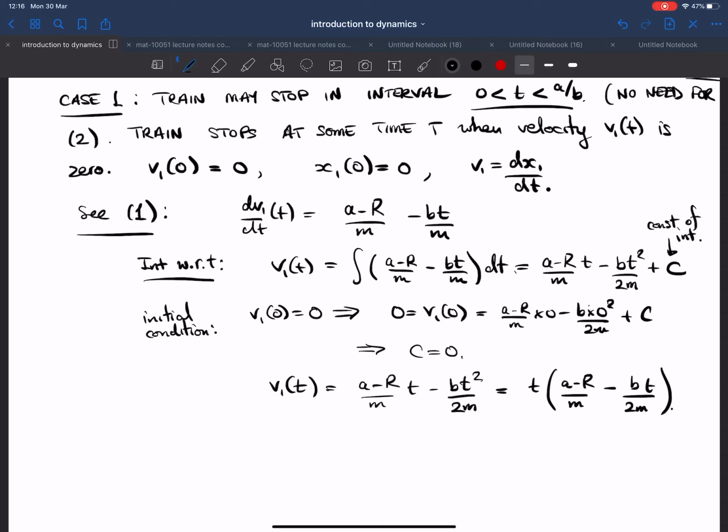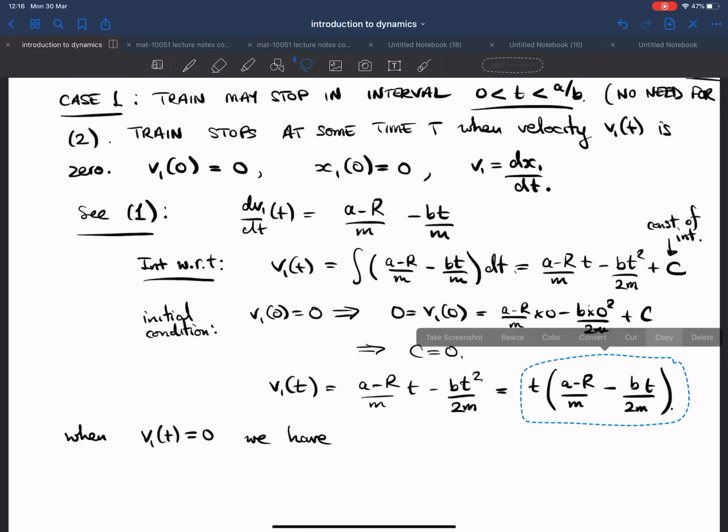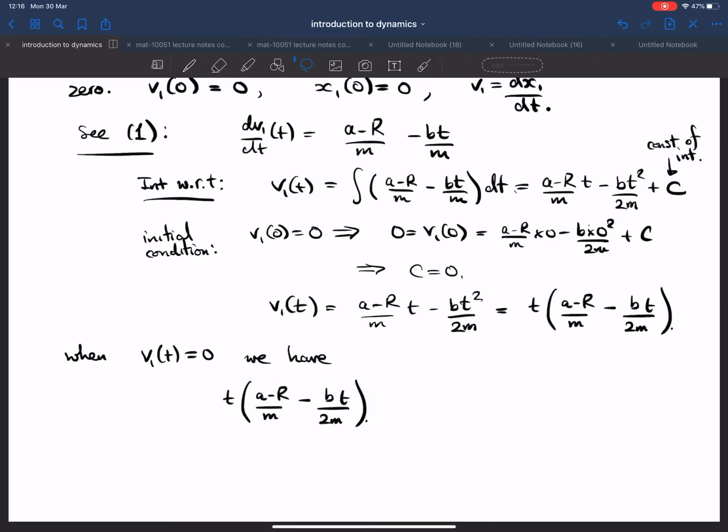Remember that when v1 of t equals 0, this implies t equals 0, which is when the train starts, or t equals 2 times a minus r over b, just by looking at this factor.